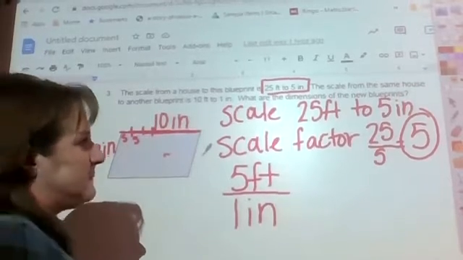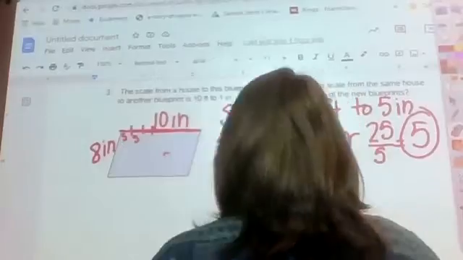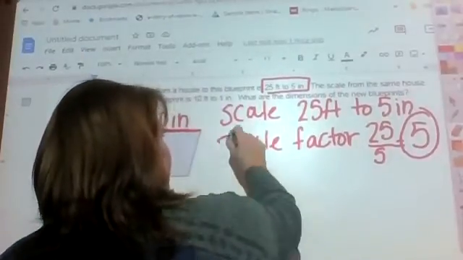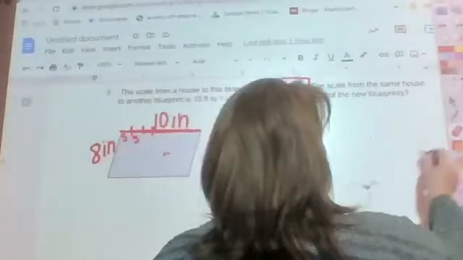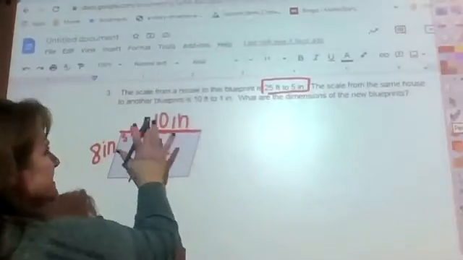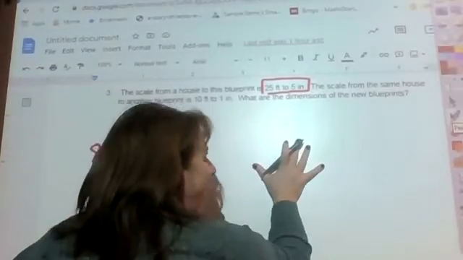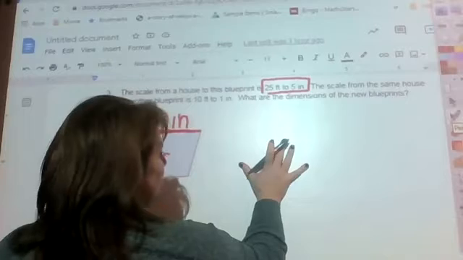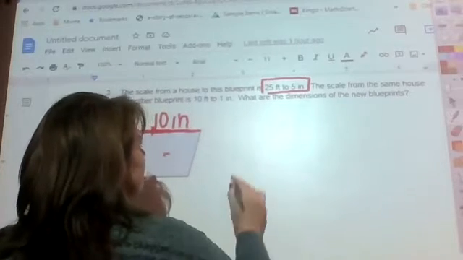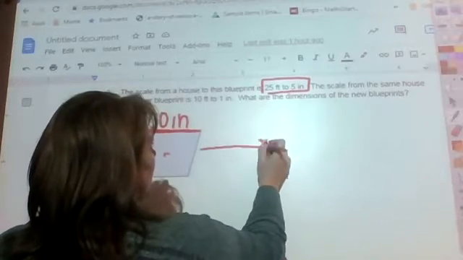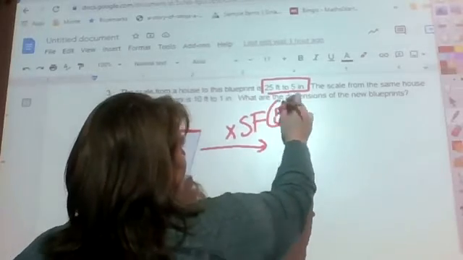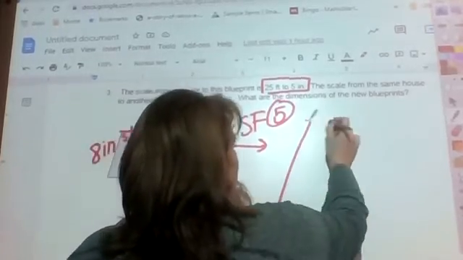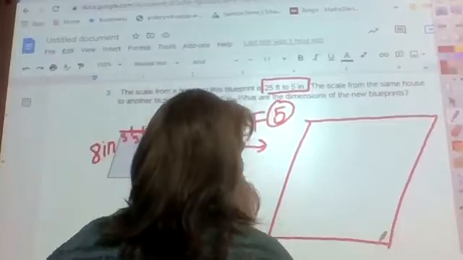Same thing with that. So now that I know what my scale factor is, I'm going to go from this drawing to my actual house. And to do that, we're going to multiply by the scale factor, 5. Okay, so here is what the actual house is going to look like.